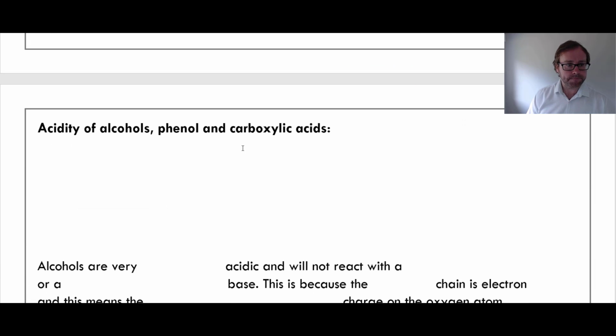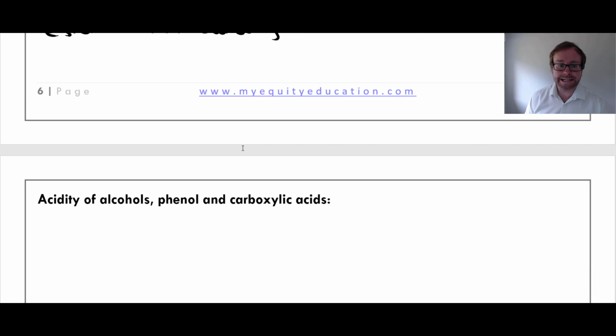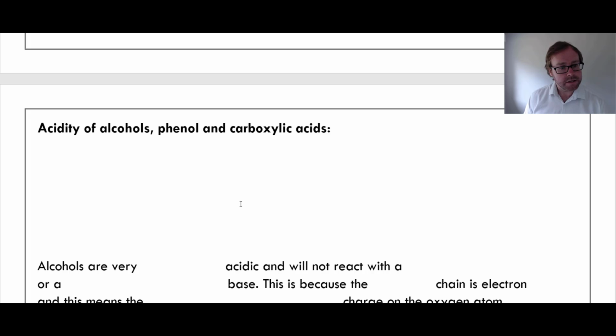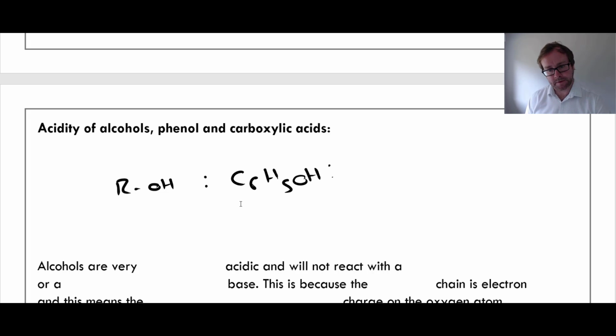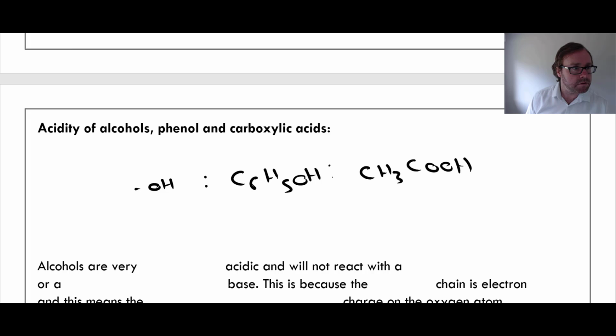Okay, so moving on. So the acidity of alcohols, phenol and carboxylic acids. So I've got my alcohol, I have my phenol, and I have my carboxylic acid. Well, they're all 2 carbons, sorry, so I have ethanol, no they're not, so they're obviously not with this C6H5OH.